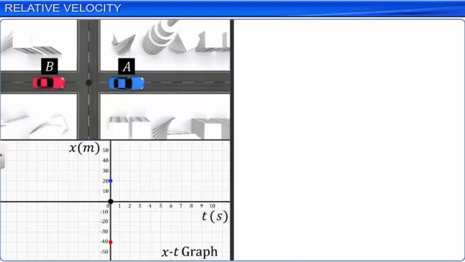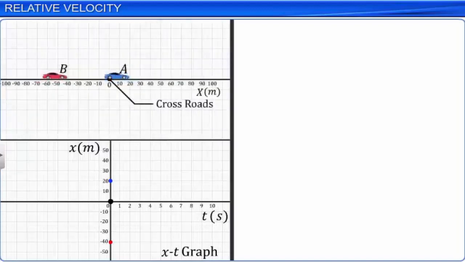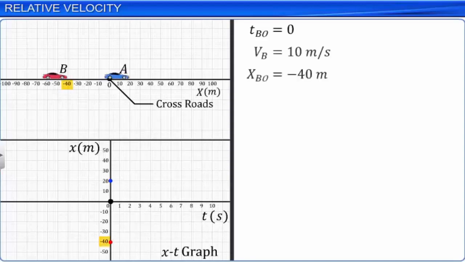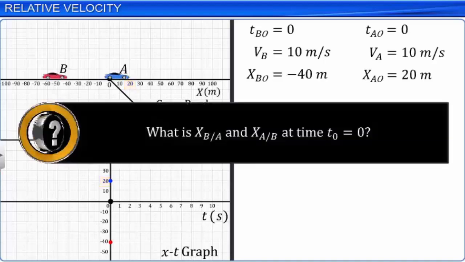At the time of initial observation, that is, when t equals 0, B is 40 meters behind the crossroads, and A is 20 meters in front of the crossroads. What is xB/A and xA/B at time t equal to 0?